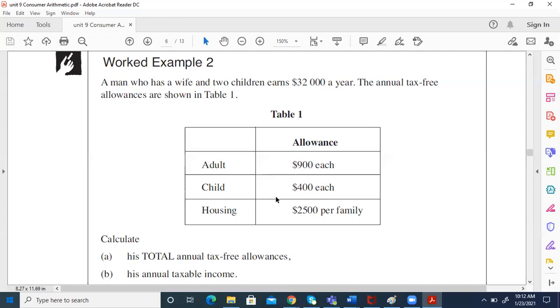Do you have any idea how this tax-free allowances thing works? What do I mean by taxable income? All right, so you have situations where part of your income is not taxable. You have some allowances that are not taxable. The government is not going to tax it.